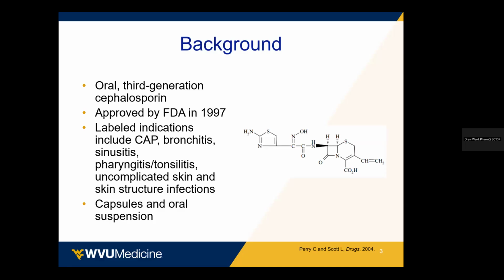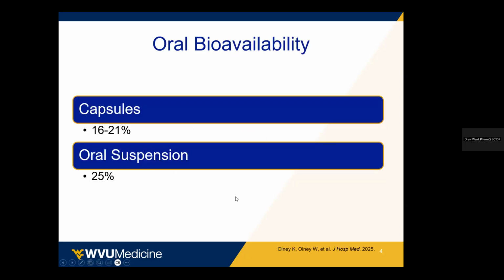A few of its labeled indications include community-acquired pneumonia, bronchitis, and sinusitis, as well as pharyngitis or tonsillitis and uncomplicated skin and skin structure infections. It's routinely been prescribed also for urinary tract infections since being on the market, and it's available as both oral capsule and oral suspension for administration.